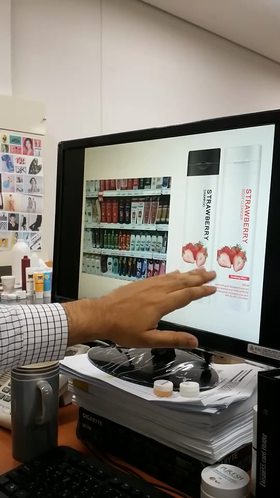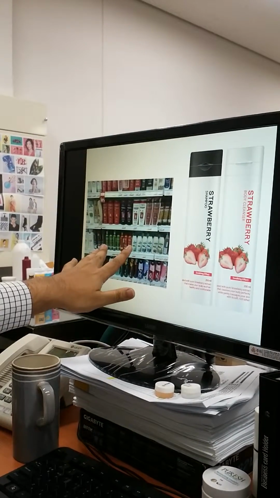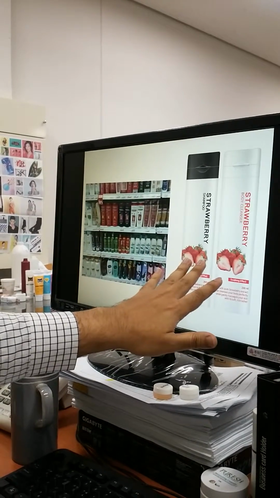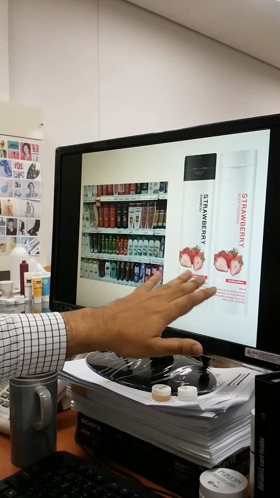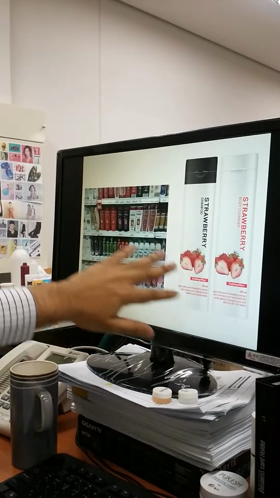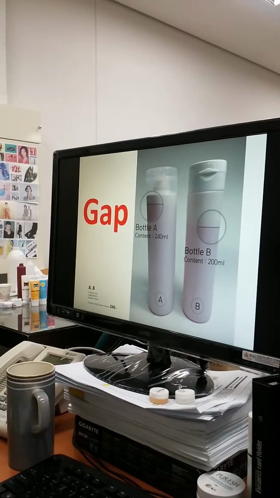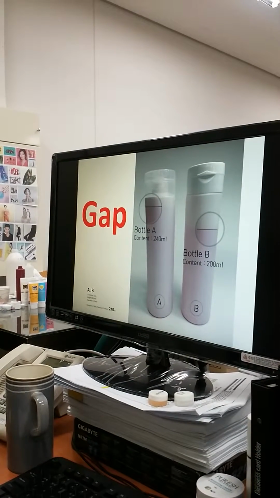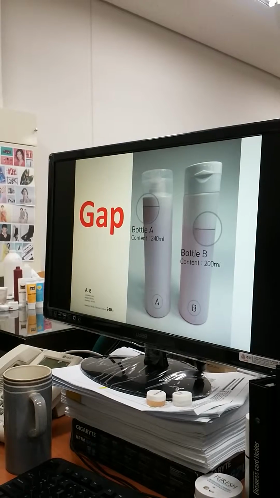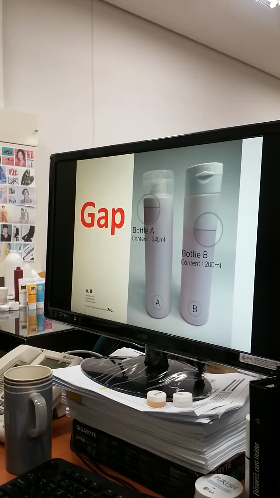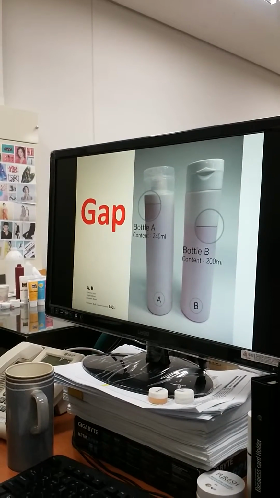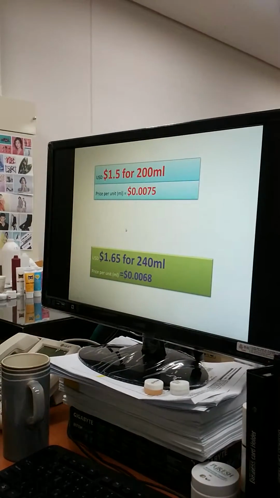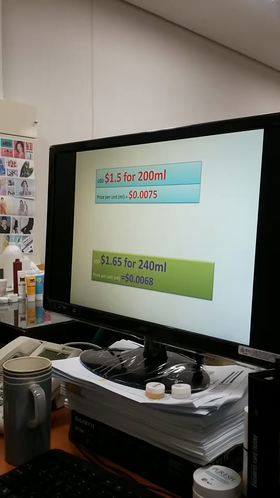And I'm sure that when you place this product on the shelf, the container itself has made the product very differentiated from the other ones. So again, this is not the issue about the design, the size of the container, or the PP, but it is all about the gap at this moment.